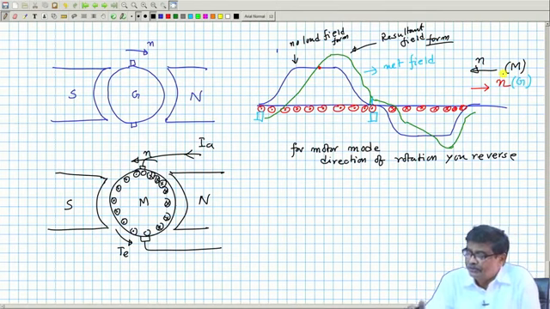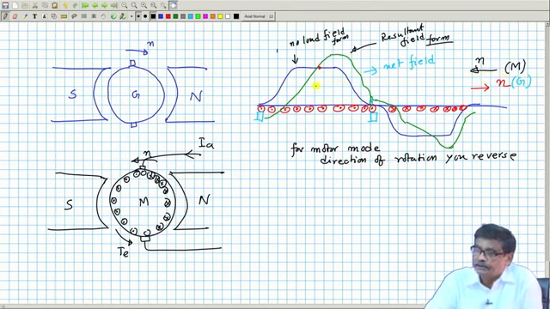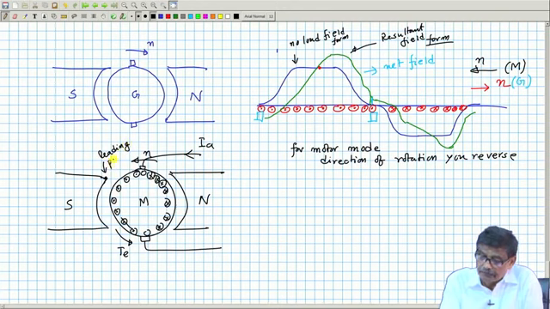Therefore, I need not always draw motor and generator modes separately, but the important thing is this. In motor mode, which one is the leading tip? This conductor is coming in, you are sitting on this, you will see first. So, for motor mode, this is the leading pole tip, and this one is the trailing pole tip.